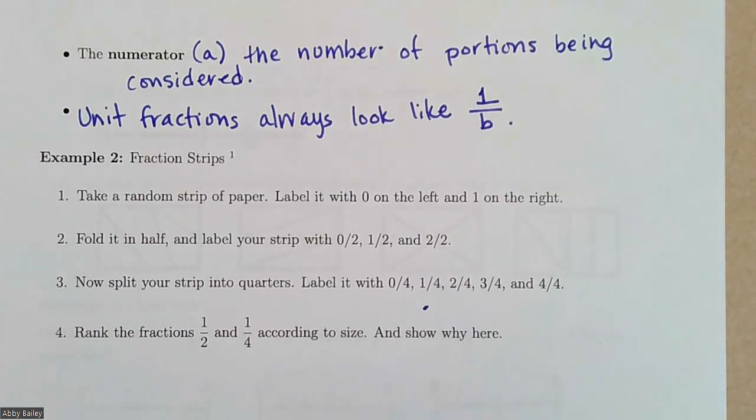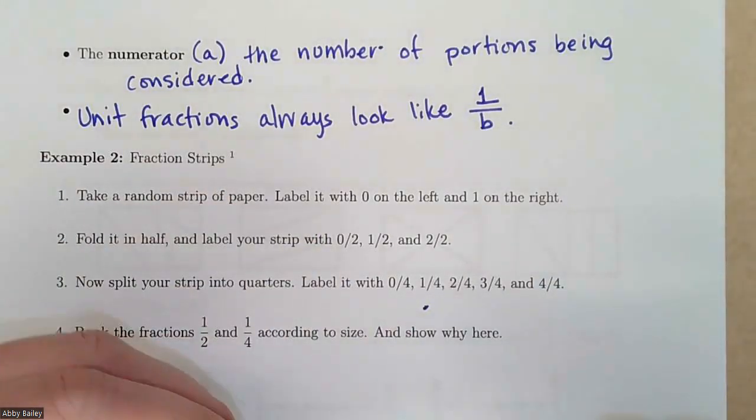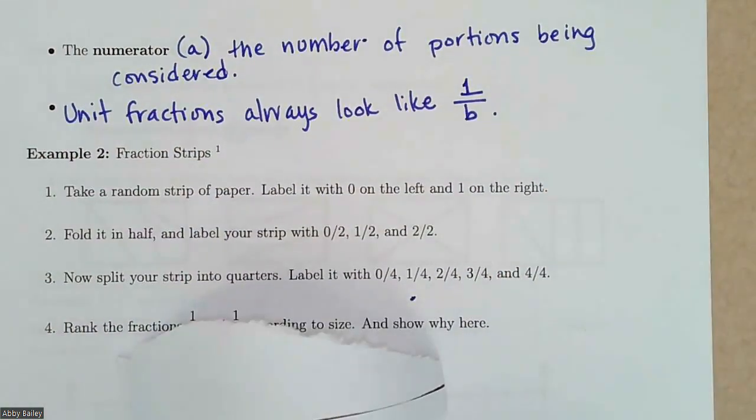Okay, let's take a random strip of paper, label it with a 0 on the left and a 1 on the right. Here, it's not that great. I just took this random strip of paper. It actually has a line on it, so maybe I'll use that. This just comes from scratch paper.